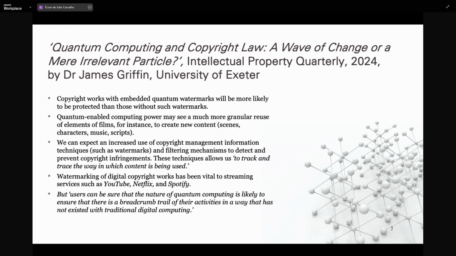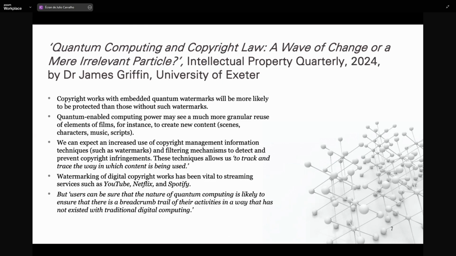And that means that quantum watermarking will be able to protect copyright content in a way that materials without watermarking cannot.